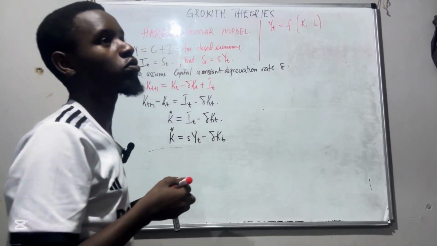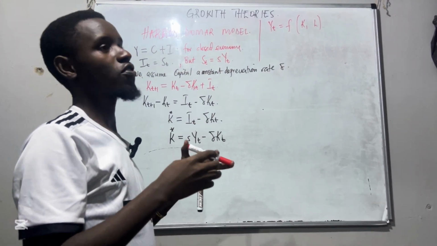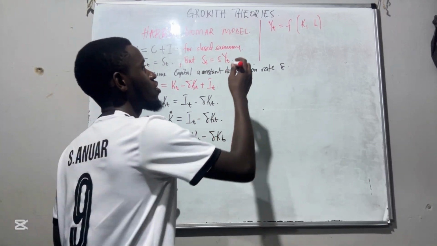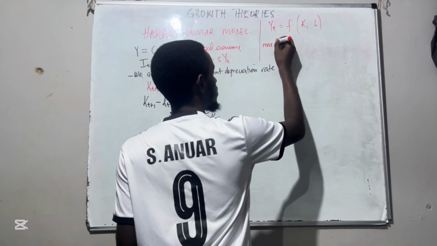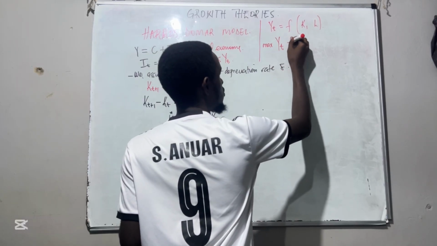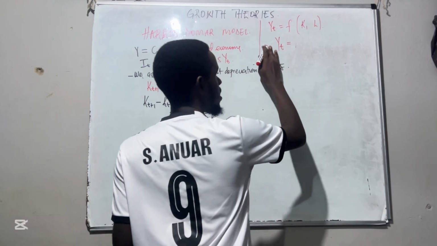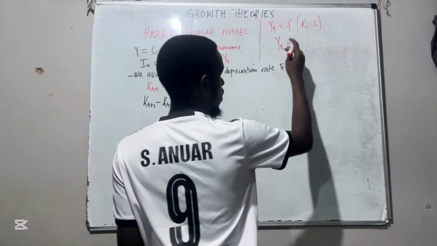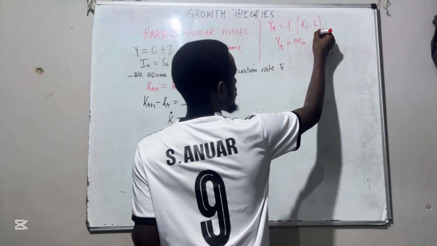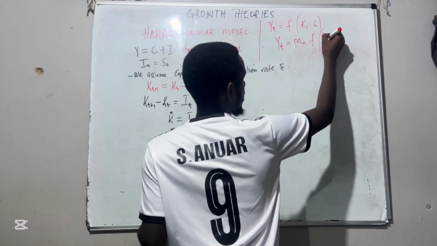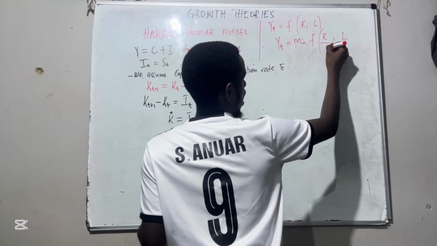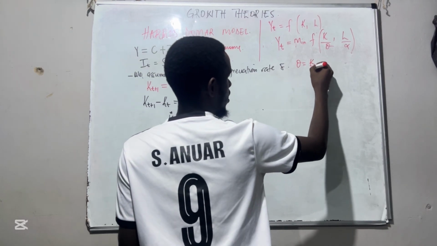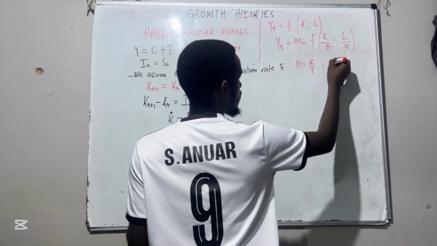Because these factor inputs are scarce, in order to maximize output we shall need to minimize them, k and L, out of theta and alpha, where theta is the same as K over Y, and alpha is the same as L over Y.